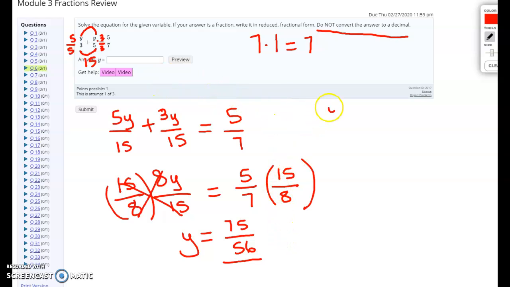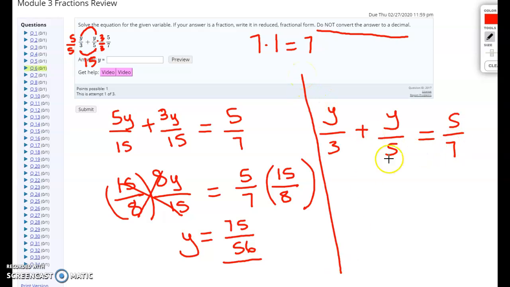Another way you could have done this problem is to multiply everything by the LCD, which in this case would have been 35 times 3, which is 105. I believe that's what the video shows.